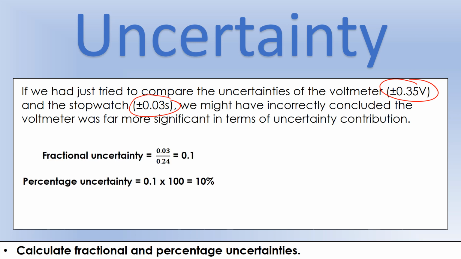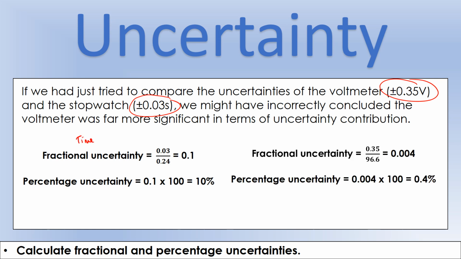So this is where we want the fractional. So this is for the time over here, and we get the fractional percentage. So this is for the potential difference. So you can see here that if we compare the percentage uncertainty, say, time is 10%, whereas the potential difference is only 0.4.